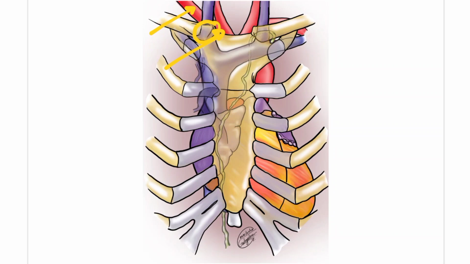But the left doesn't arise there because it arises straight away from the arch of the aorta, just lateral to the left common carotid artery. But it also passes behind this left sternoclavicular joint.